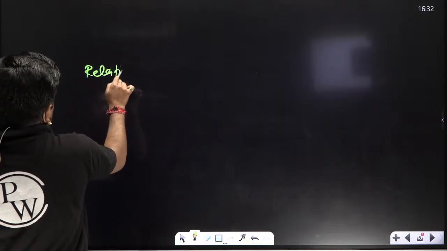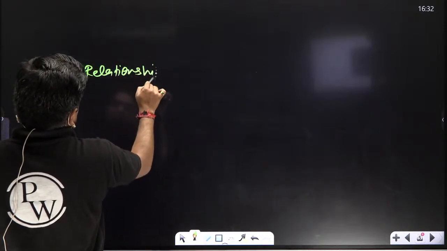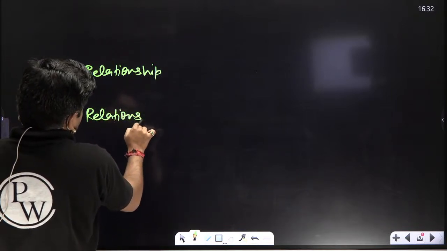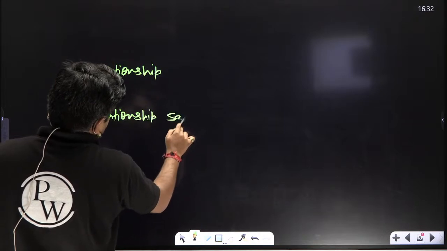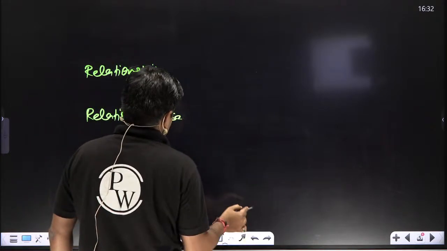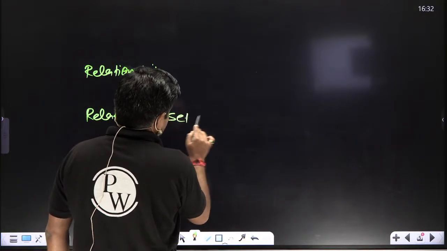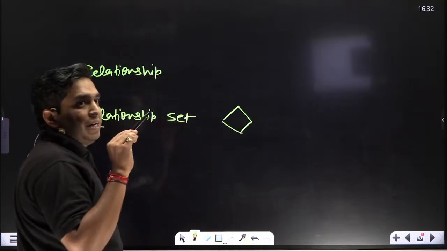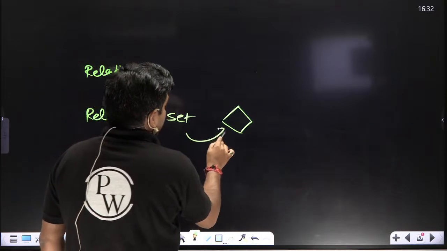After that, we discussed relationship and relationship set. This relationship set is represented by a diamond.